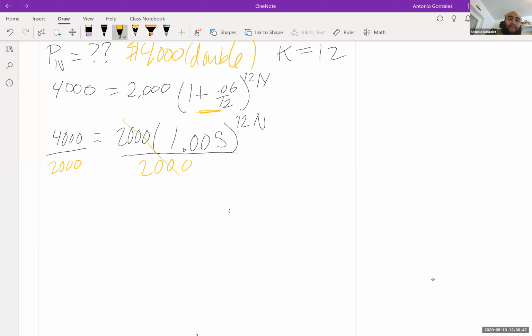And then that reduces to 1. And then on the left side, 4,000 divided by 2,000 is 2. And then over here we'll have 1.005.